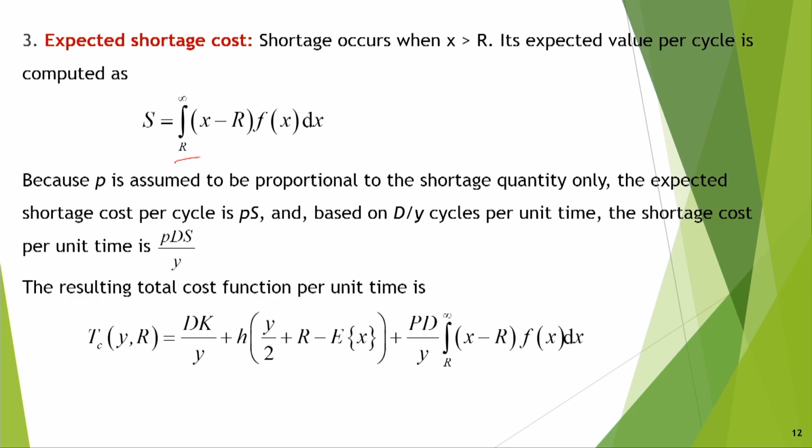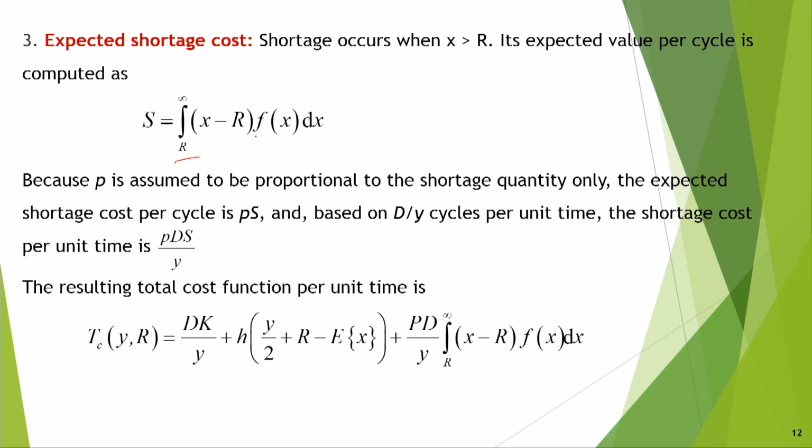R to infinity, because demand in the lead time can theoretically be infinite. It is just a concept, because it may not be infinity, but mathematically we do R to infinity of X minus R, times f(x) dx, because f(x) is the probability density function.